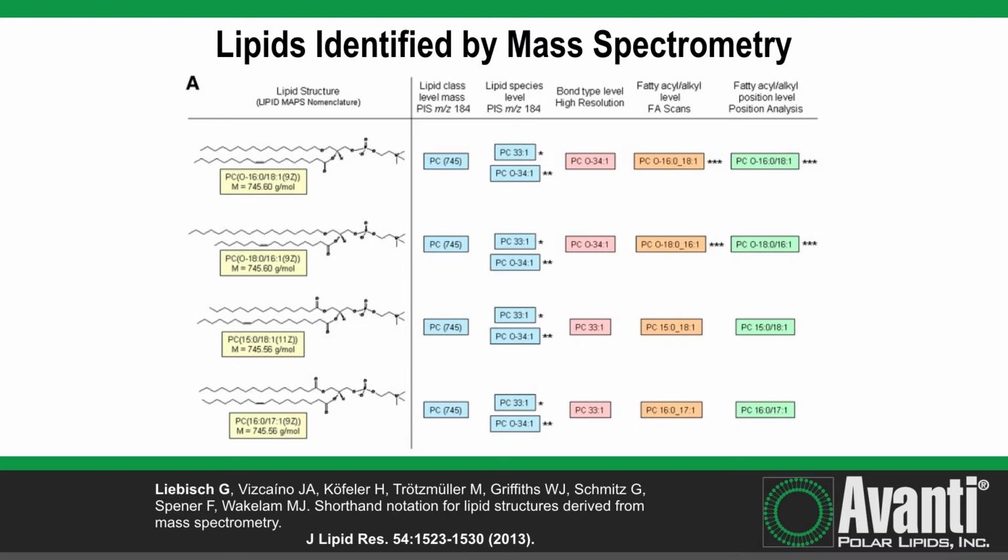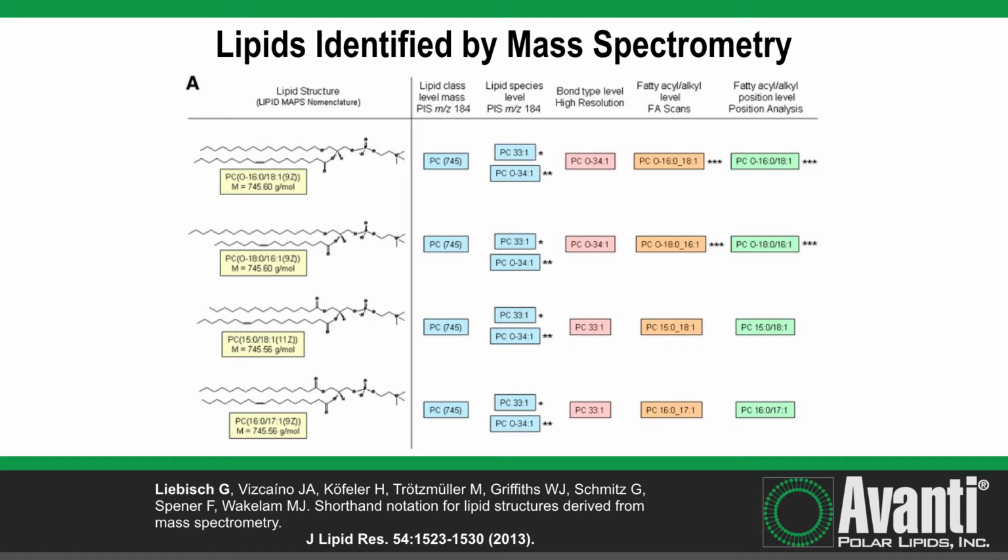You can say, well, if all you have is product ion scanning with a low resolution machine, you have to say it's either PC 33:1 or PC ether 34:1. Well, that's rather cumbersome, and you haven't identified the 745 very well.